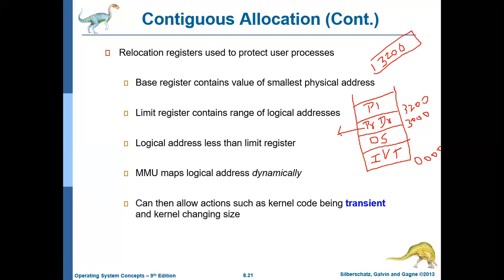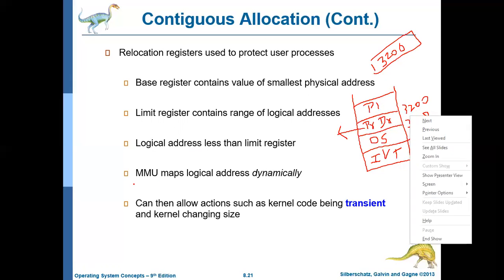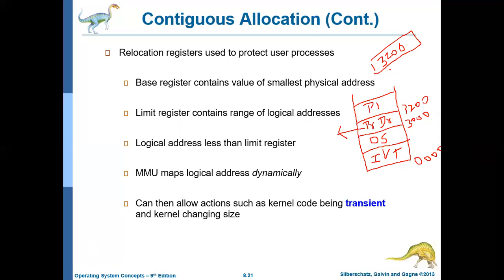If this driver is there, then the operating system size will go up to 3200, and obviously because of that, the base register of P1 will have the value 3200. But if this driver is not there, then the operating system size will be only up to 3000. In that case, the base register of the process P1 will have the value 3000. It will not be 3200.